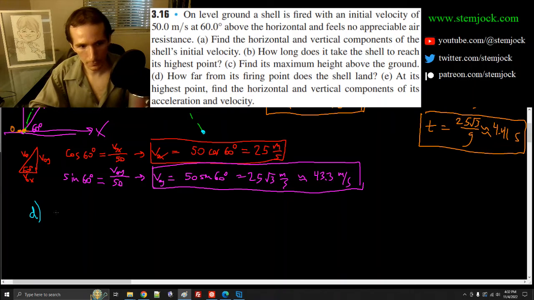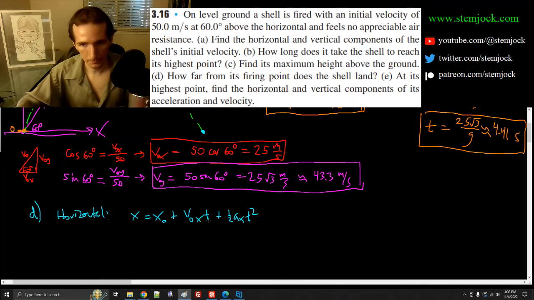So let's consider the horizontal. X equals x naught plus v0x t plus 1/2 ax t squared.